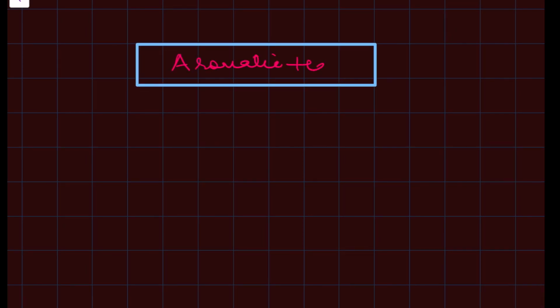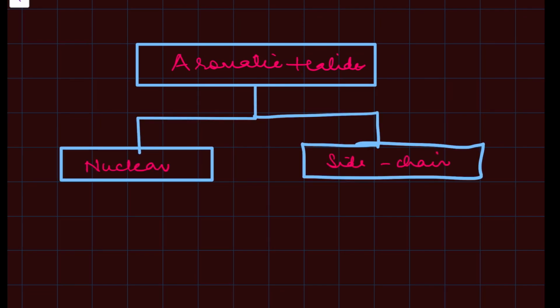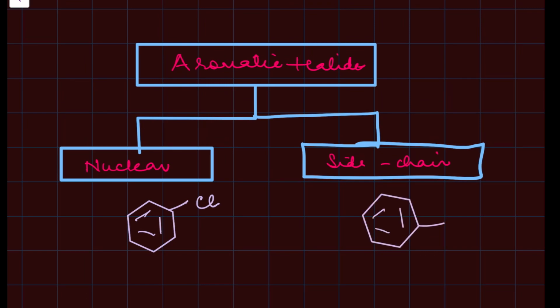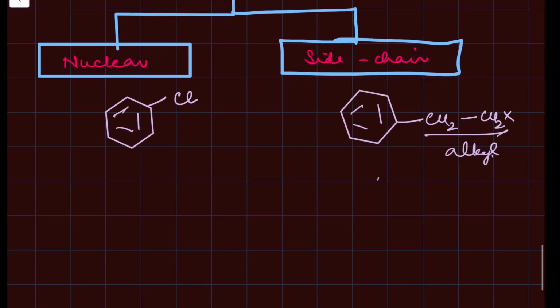aromatic halide. This is further divided into two. In nuclear, what we call is aryl halide. It is directly attached to benzene. In side chain, it is attached to the alkyl part, which is attached to the benzene ring.